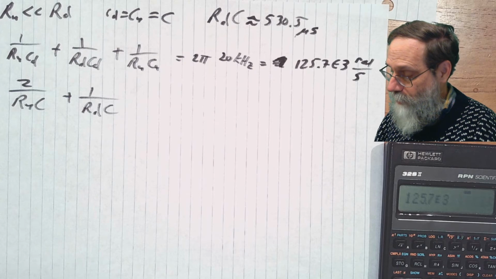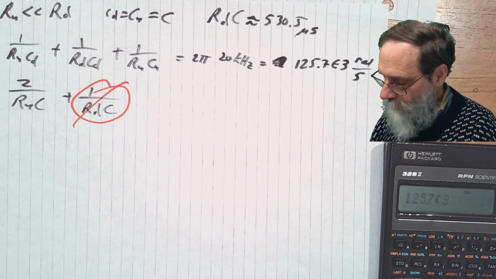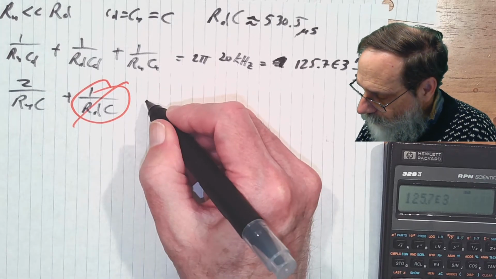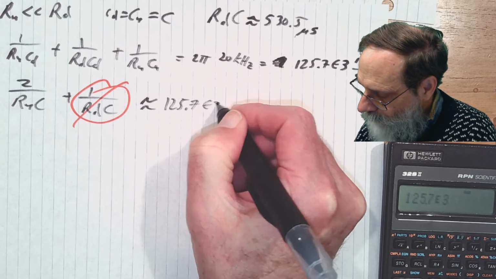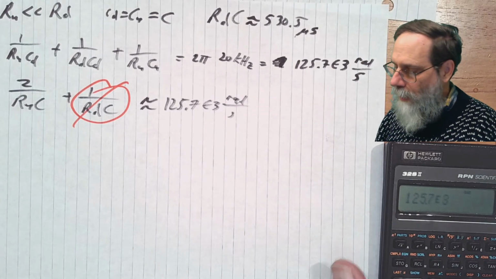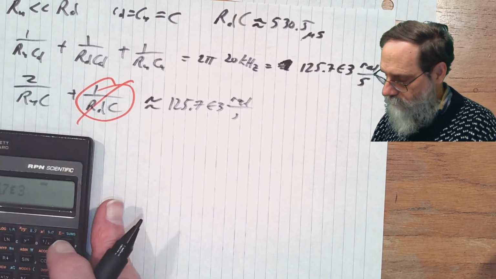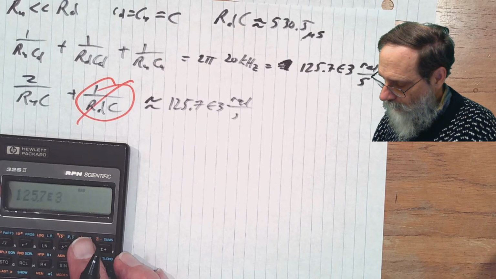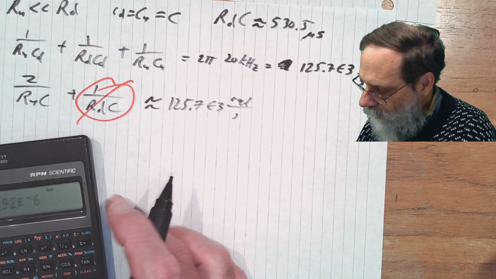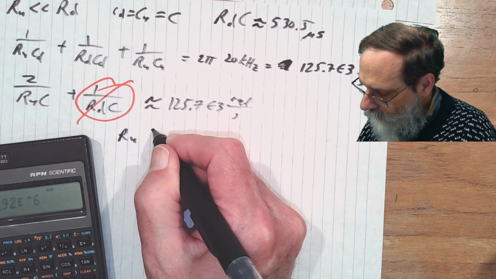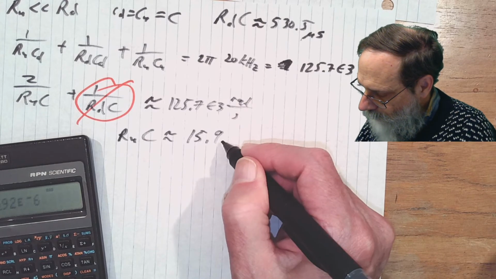We can probably just ignore that and say 2 over RUC is approximately the 125.7 E3 radians per second. We can invert that and multiply by 2 to get RUC is about 15.9 microseconds.